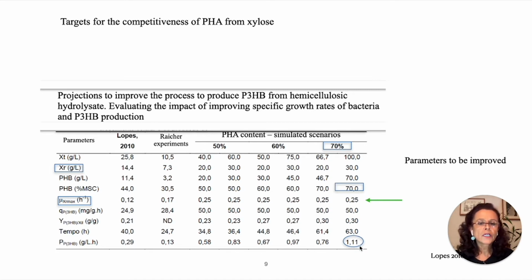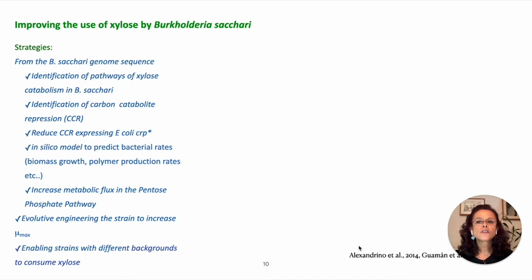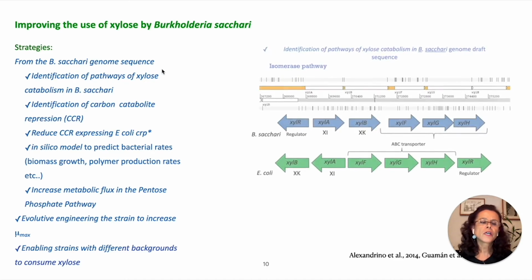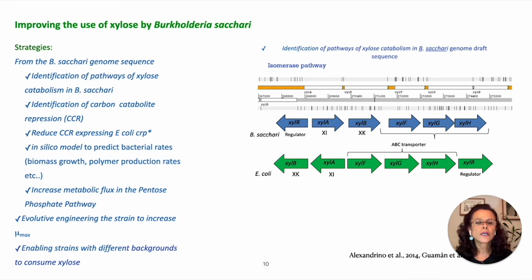So we are developing different strategies to improve the xylose consumption. Firstly, based on the genome sequence, we have identified the operon encoding genes involved in the enzymes for the catabolism of xylose. We have also studied carbon catabolite repression and increased variations in the flux of some metabolic pathways.